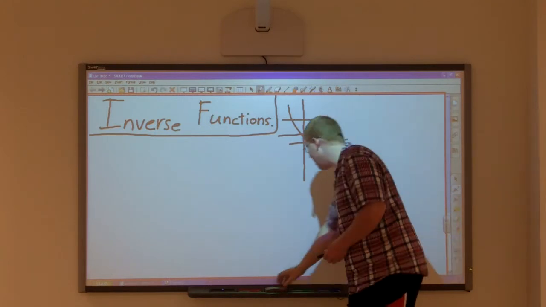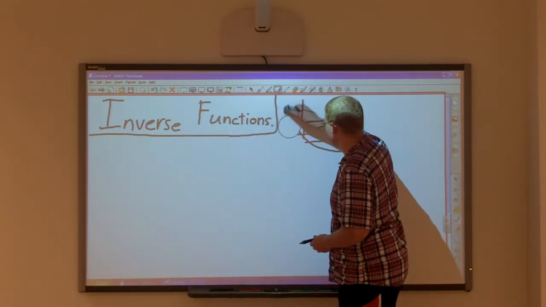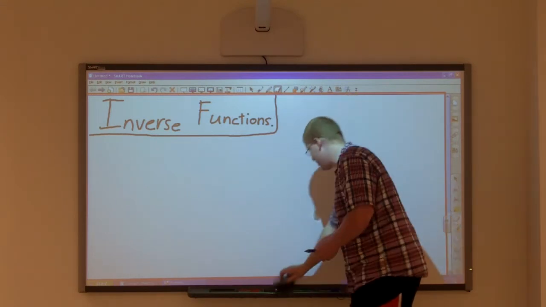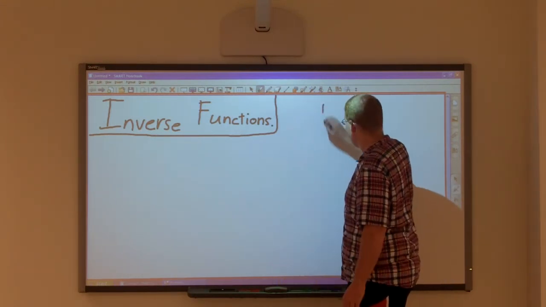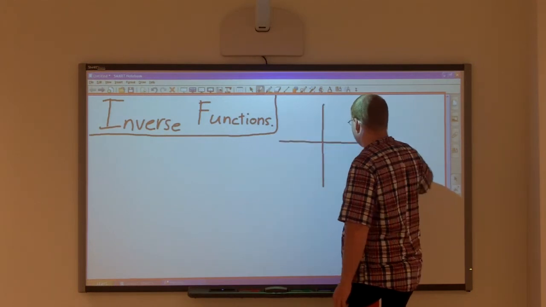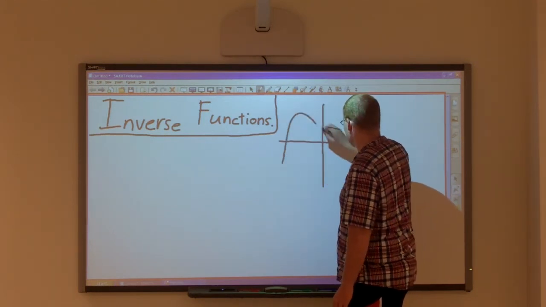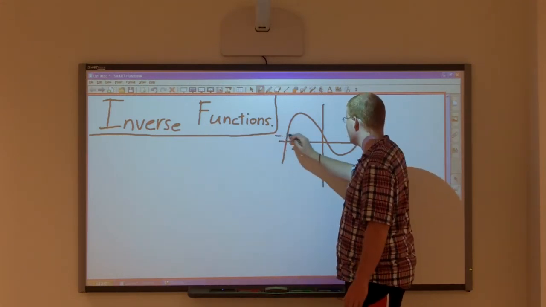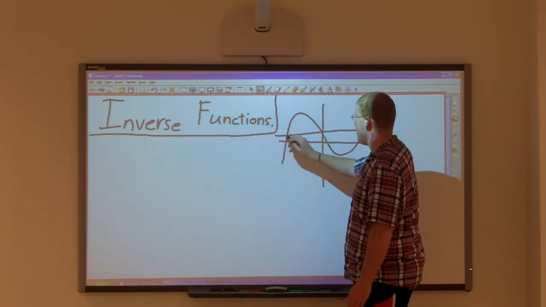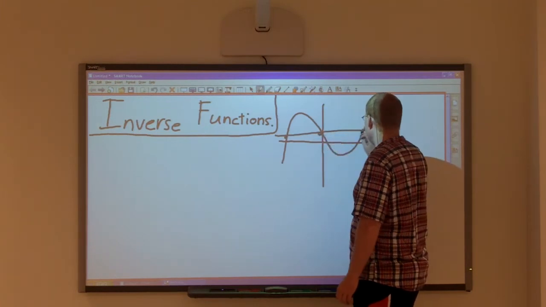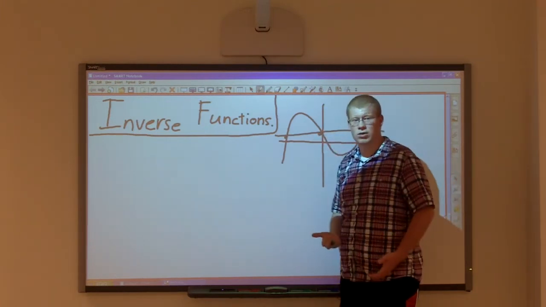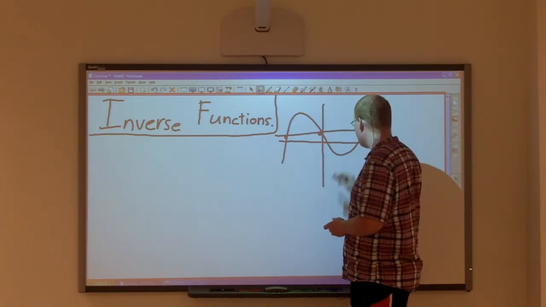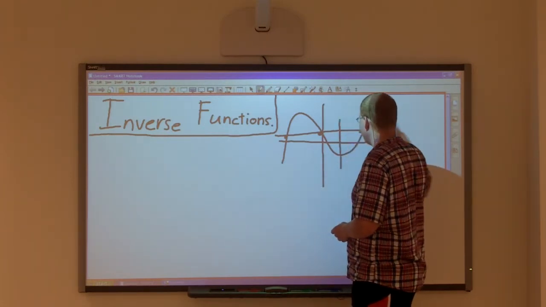But if we look at the graph of another function, such as this one, well, this fails the horizontal line test because it crosses a horizontal line at multiple points. That means that this function is not invertible on the whole domain. It can be on certain domains, such as from here and on.